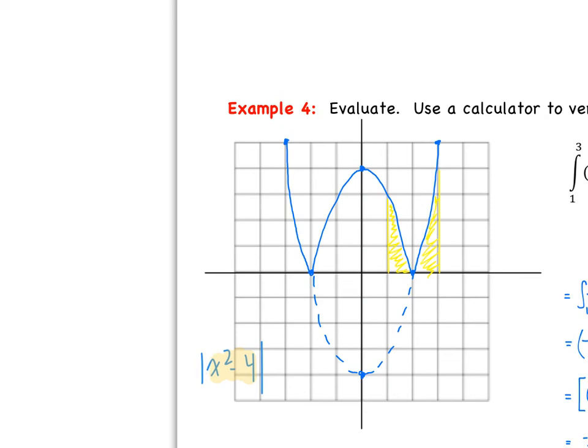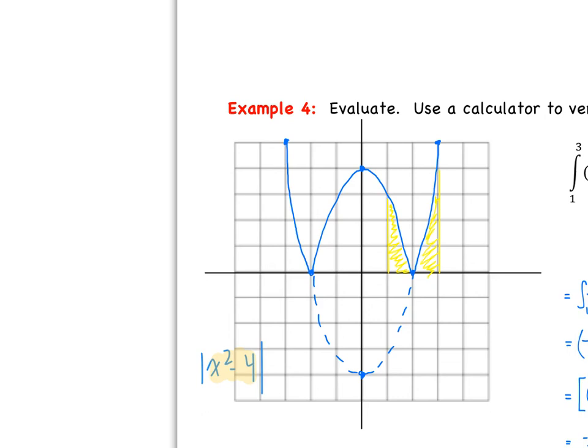However, we're graphing the absolute value of that. So this portion below would then turn to positive, okay? So that might also help us figure out our intervals and whether or not the absolute value of x squared minus 4 equals x squared minus 4 or the opposite of x squared minus 4.